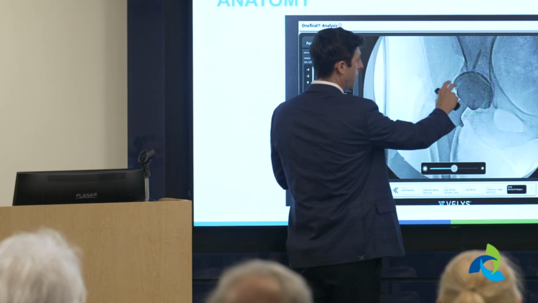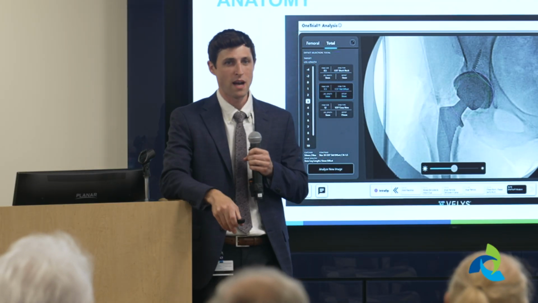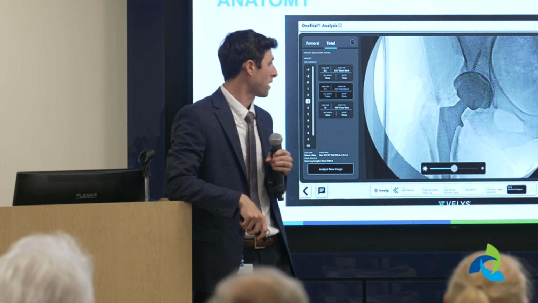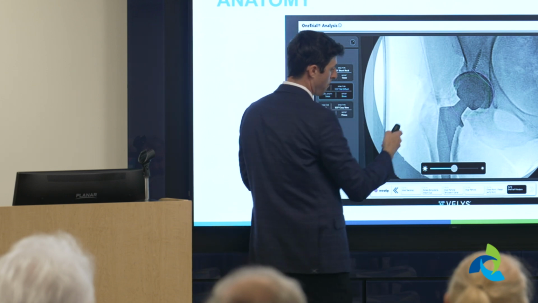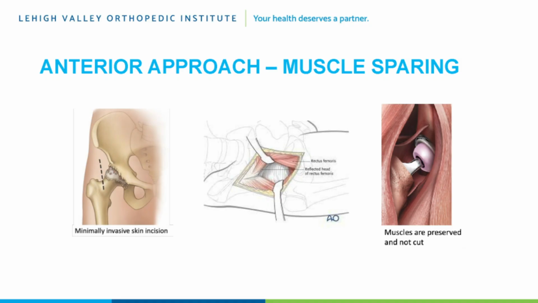The way we mitigate that risk is putting the components in the appropriate position that maximizes stability, prevents issues with dislocating, but also optimizes the tension of the muscles. If you remember before, we talked about how the normal hip anatomy has muscles that inherently give it stability. And we're trying to put tension on those muscles to prevent issues with dislocations afterwards.